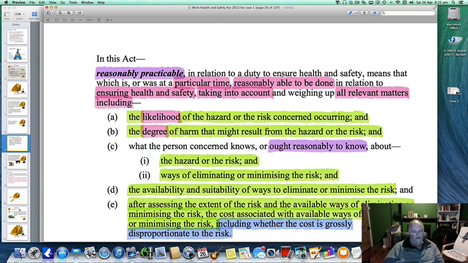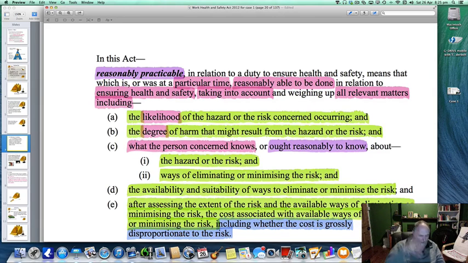Other things you've got to take into account. Number C, what the person concerned knows or ought reasonably to know about the hazard or the risk and the ways of eliminating and minimising the risk. Now, this is an interesting one. What a person knows is what's known as a subjective test, because it's what they actually know.